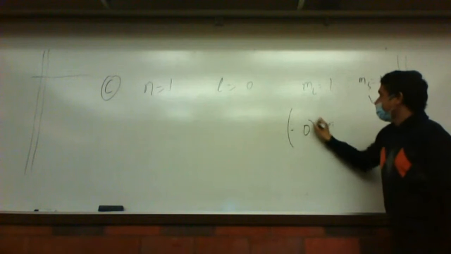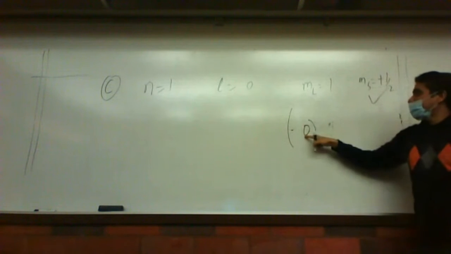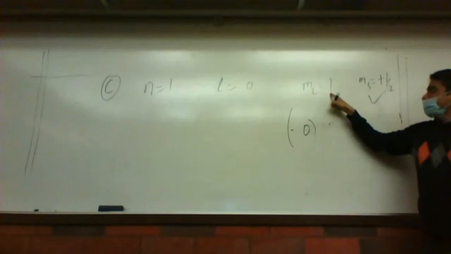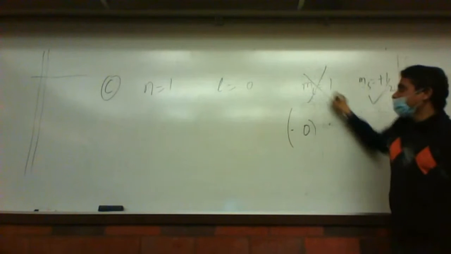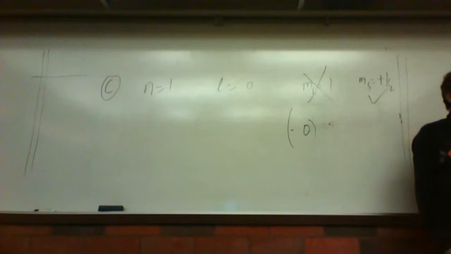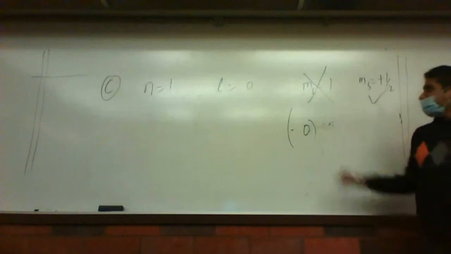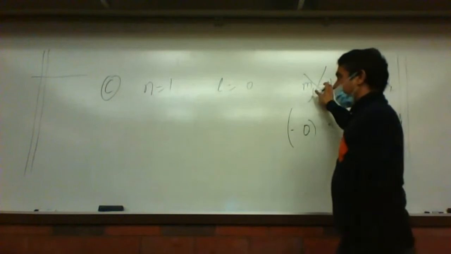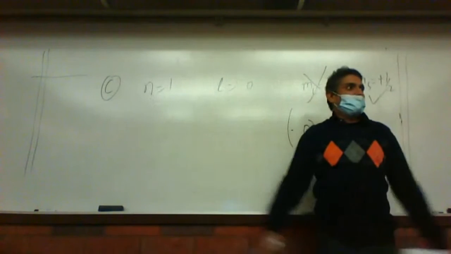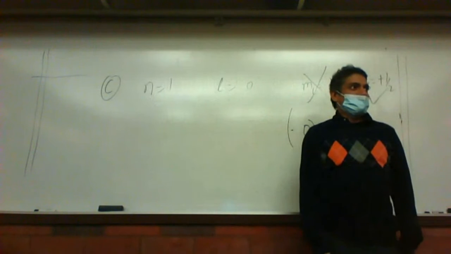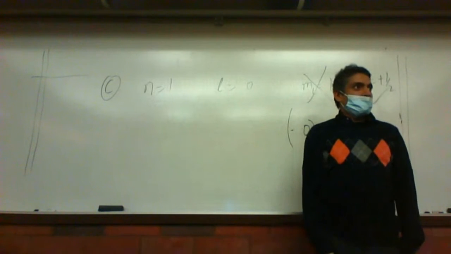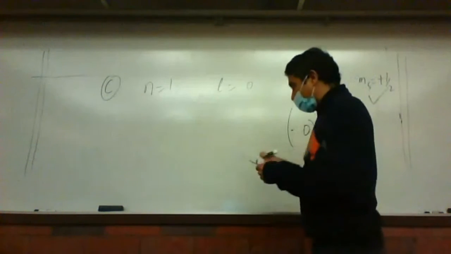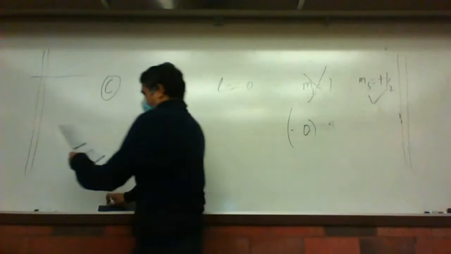So I just write 0. But we can have only ml value 0, but ml is 1 here. So this is clearly wrong. Make sense? So when it is wrong, we don't have to look at other things. So the set of quantum numbers is wrong. Yeah, good. Now let's go to the D.